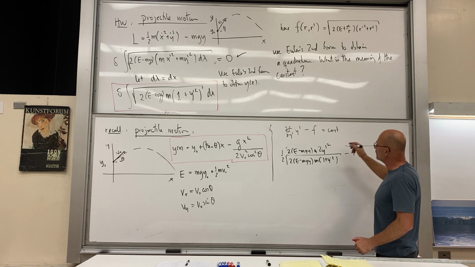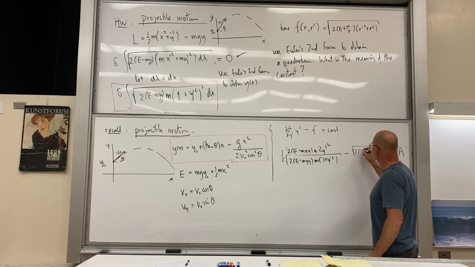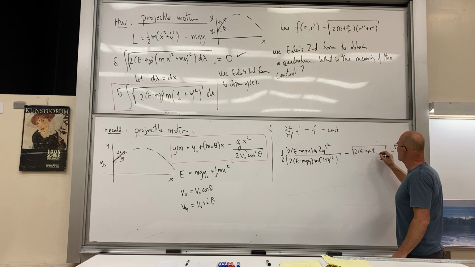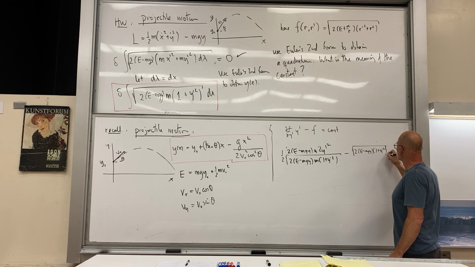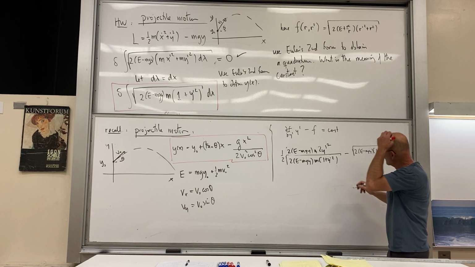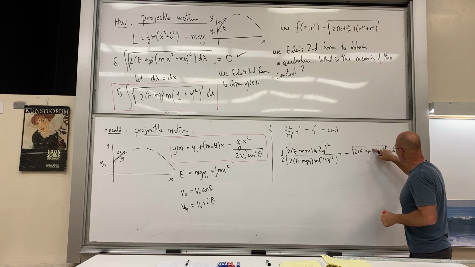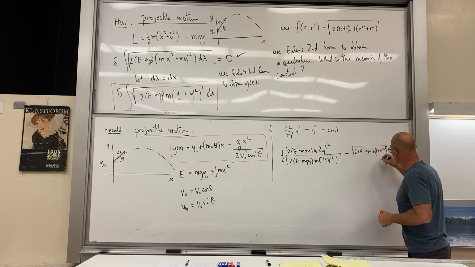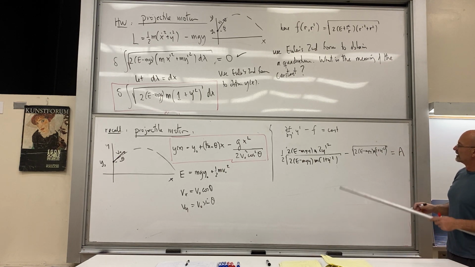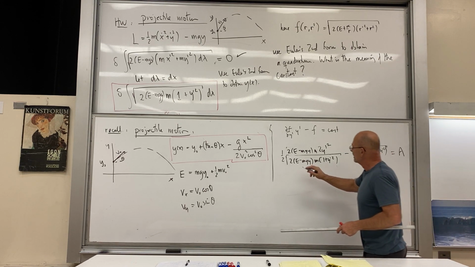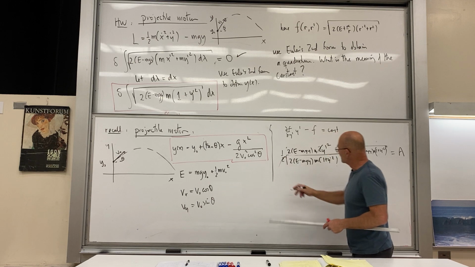Yeah, you know, we'll even do one more step. So 2e minus mgy, 1 plus y prime squared, and an m. Take my own advice, right? M, plus y prime squared. So we'll cancel this one against that one.